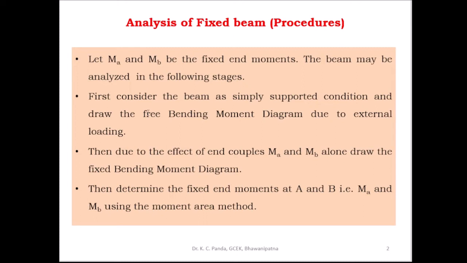Then, due to the effect of end couples MA and MB alone, draw the fixed bending moment diagram. But here you don't know the fixed end moments MA and MB. Then determine the fixed end moments at A and B, that is MA and MB, using the moment area method.